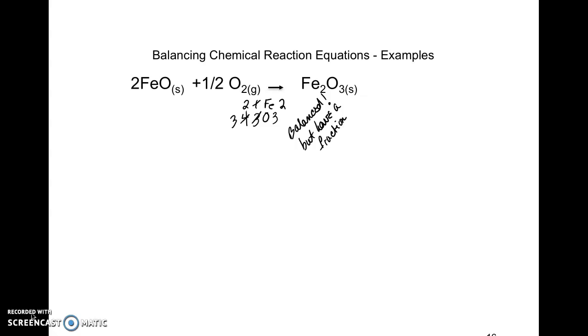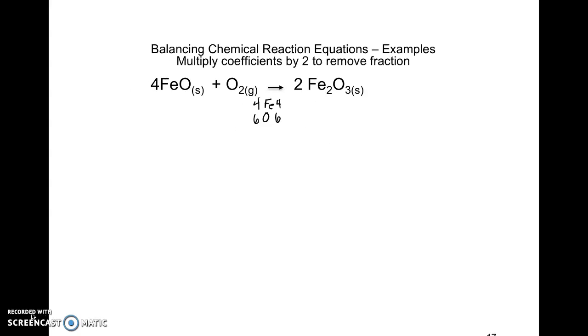And so I can get rid of it by multiplying everything by 2. And so when I do that, it removes the fraction, and now I have 4 FeO plus my O2 gives me 2 Fe2O3, and I go through and I count my atoms. I see I have 4 irons on both sides, and I have 4 plus 2, 6 oxygens on the left and 6 oxygens on the right.